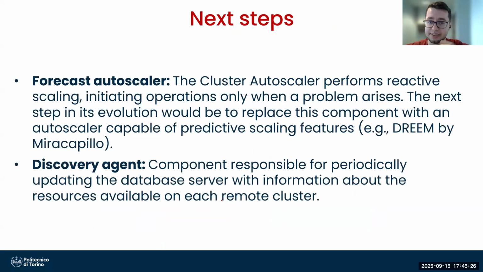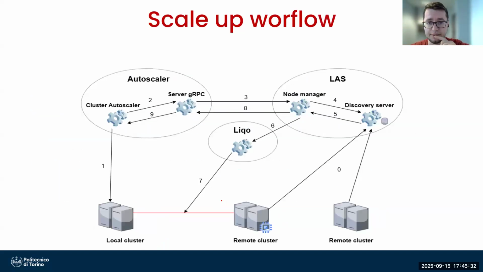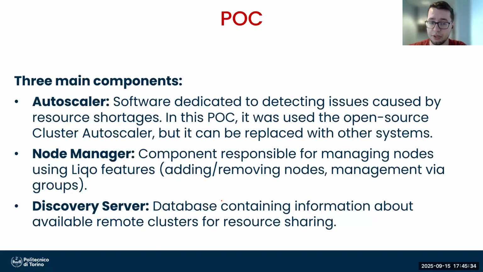There are already next steps in progress. For example, I forgot to mention before that these three components, the autoscaler, the node manager, and discovery server, are independent one from another.